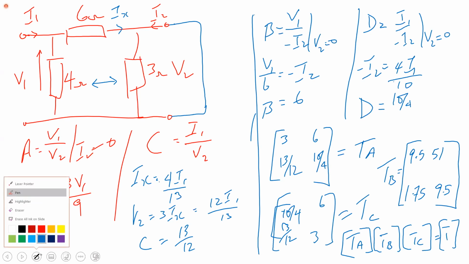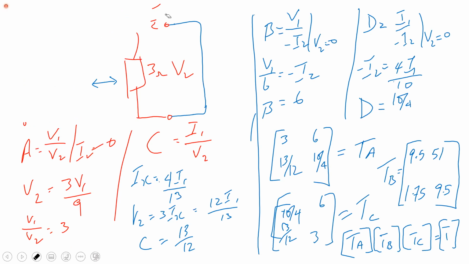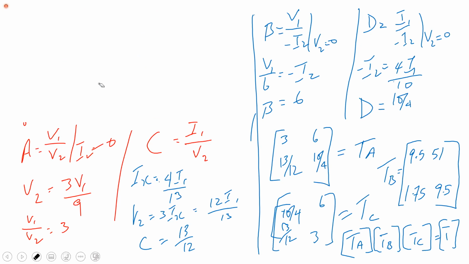So T works out to 325, 864, 122.25, and 325.